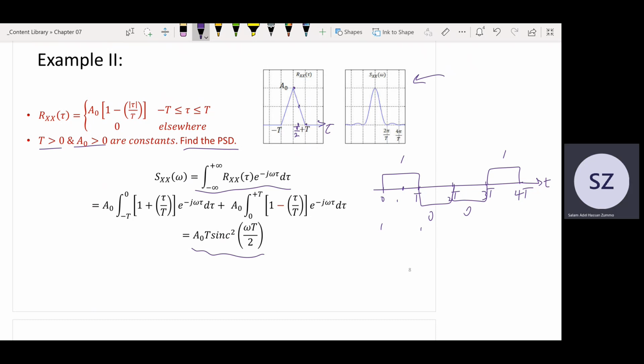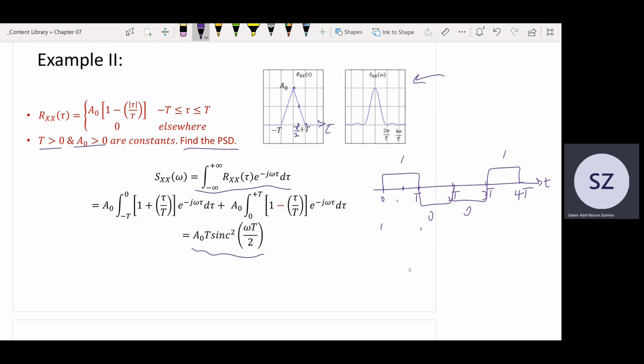Now let's talk about the effect of T. If I make T large, T large means that the pulse has a larger width. The pulse takes longer time. What does that give you as the transmission rate, higher or lower? Lower.